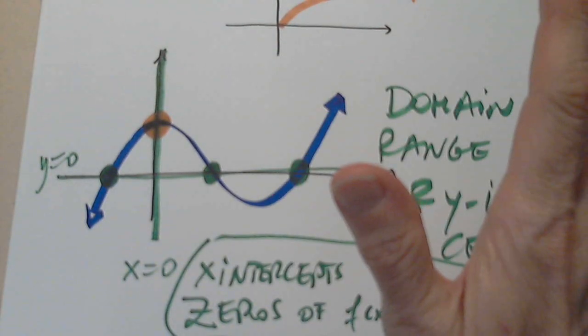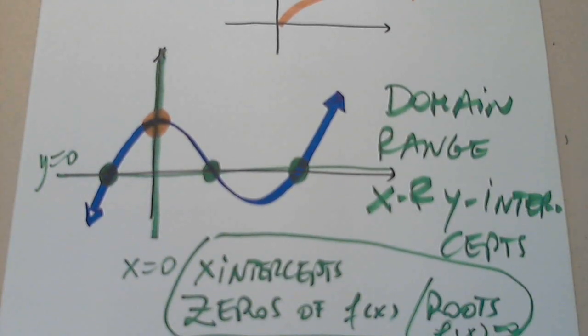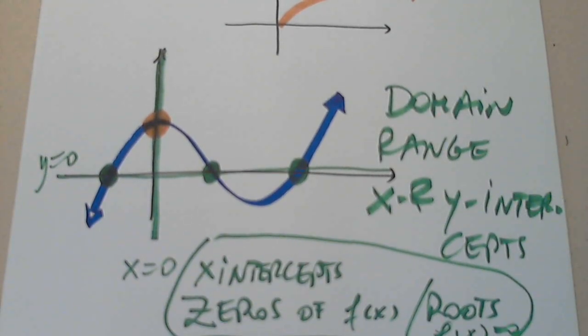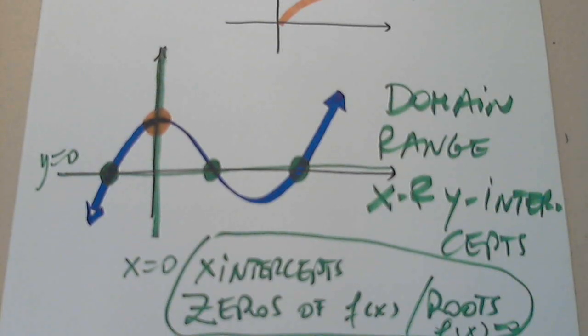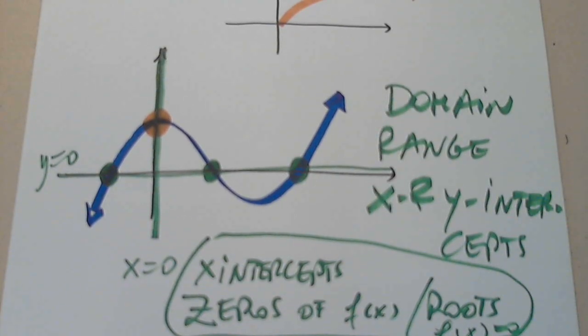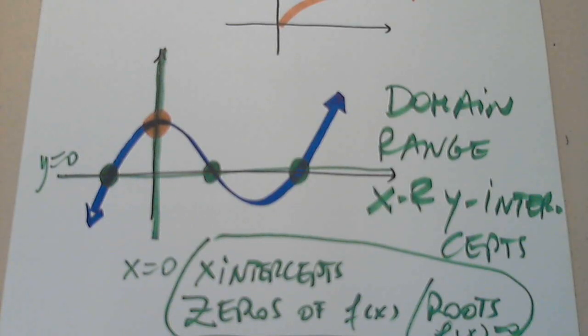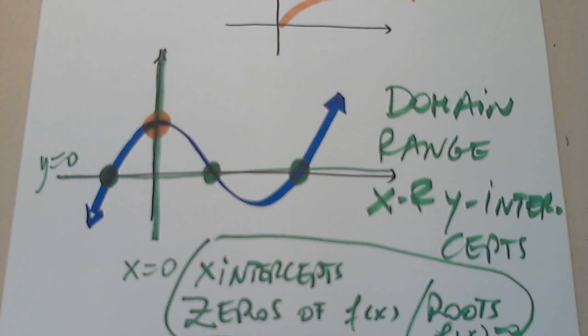So we have an idea what this means. I'm just going to open the practice for 7.3 and let's work on some problems here. We want to identify domain and range and x and y intercepts.